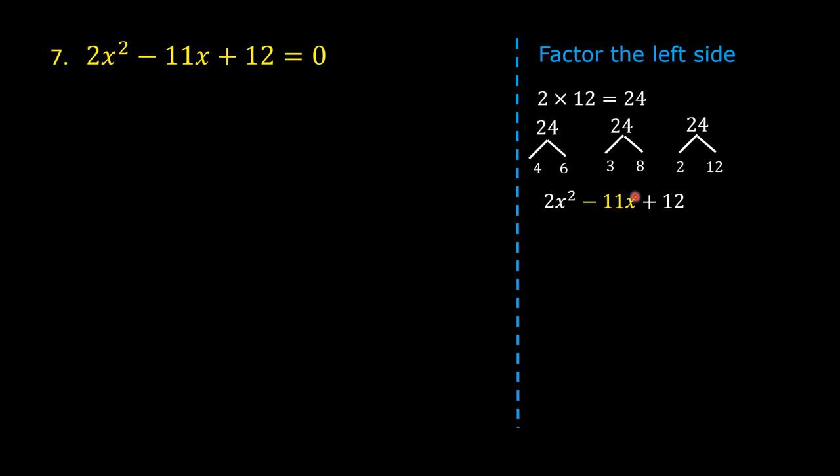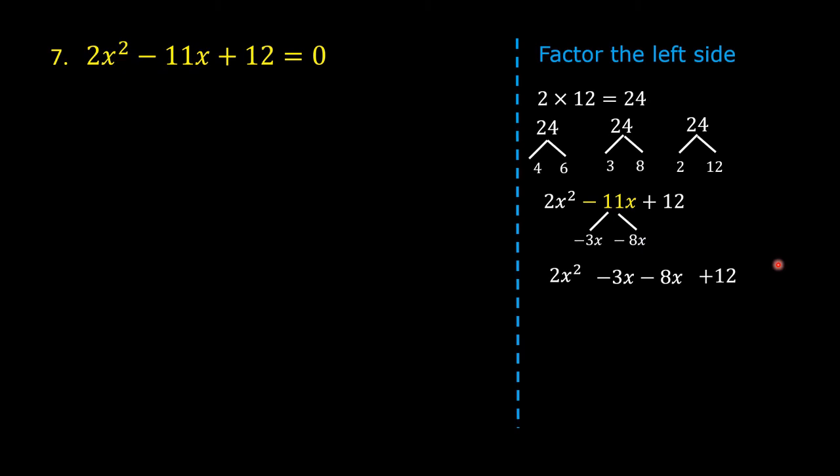We can split this 11x into negative 3x and negative 8x, because negative 3x, negative 8x is negative 11x. We can now write this as 2x squared, negative 3x, negative 8x, positive 12.